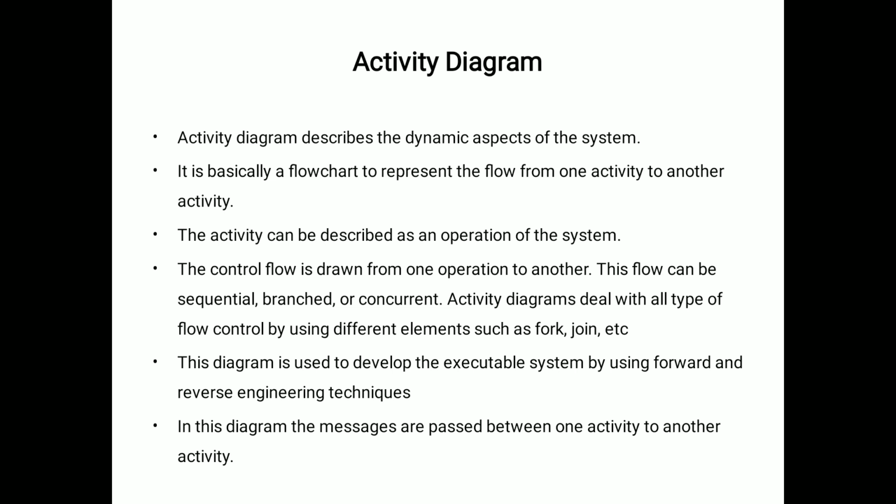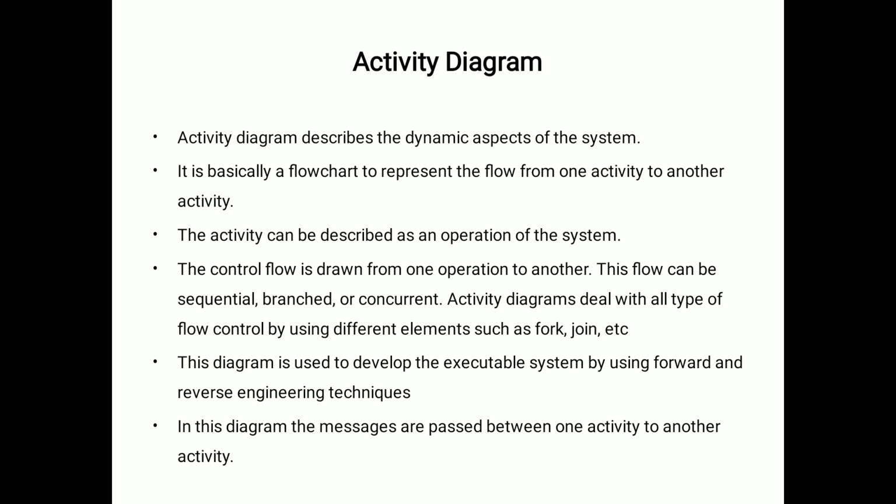It is basically a flowchart to represent the flow from one activity to another activity. The activity can be described as an operation of the system. The control flow is drawn from one operation to another. This flow can be sequential, branch, or concurrent.